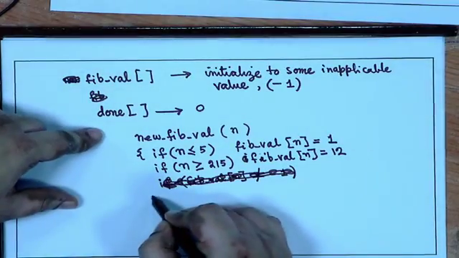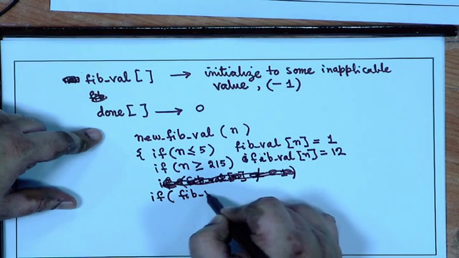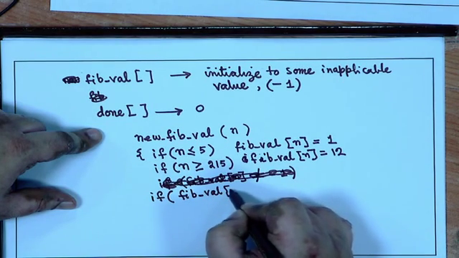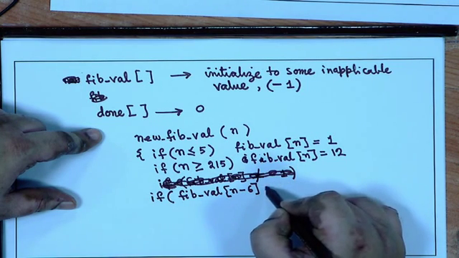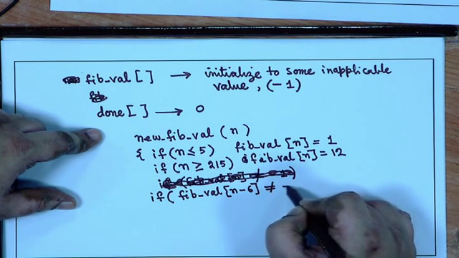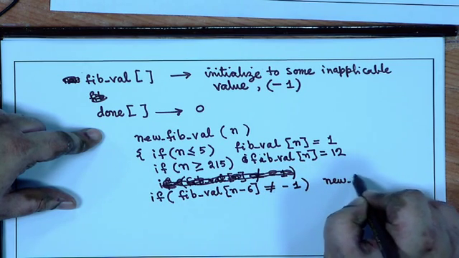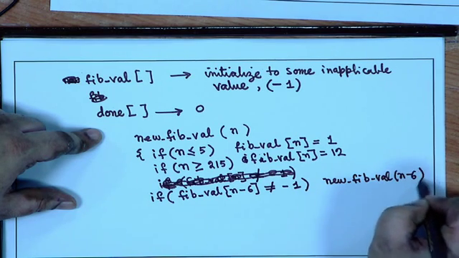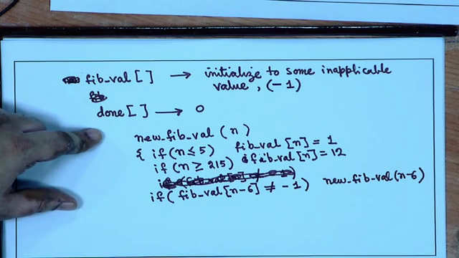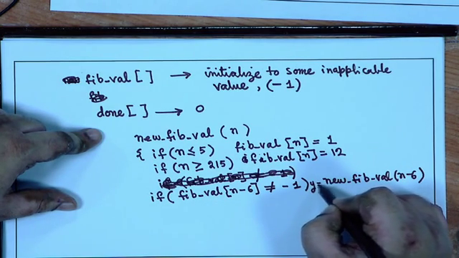We check if fib_val(n minus 6) is not equal to minus 1, then we call new fib_val(n minus 6), and whatever answer we get, we call it y.